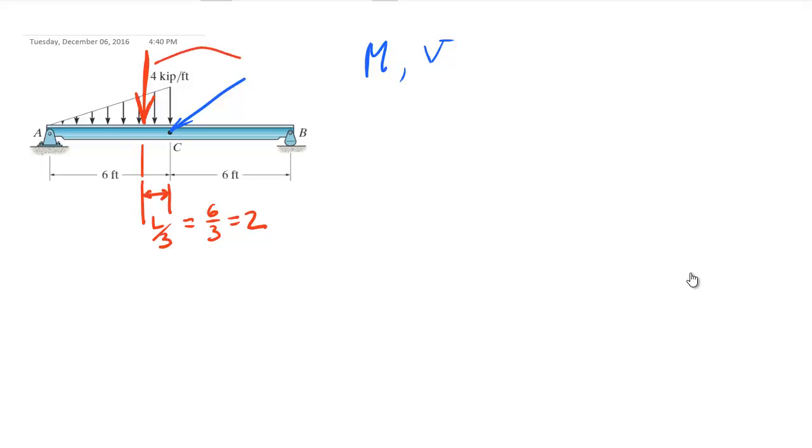The value of that load is 4,000 pounds, which is kilopounds per running foot, times 6 foot, but half of that gives us 6 times 2, or 12,000 pounds total.